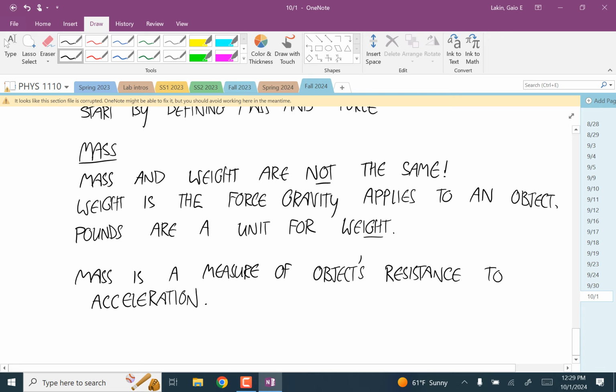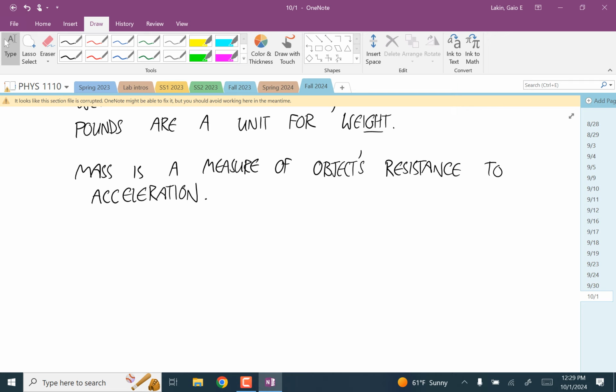Okay? If it's easy to accelerate an object, it has low mass, and if it's hard to accelerate an object, it has high mass. Think of this football game moment.